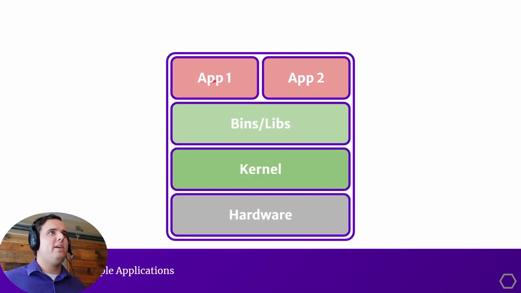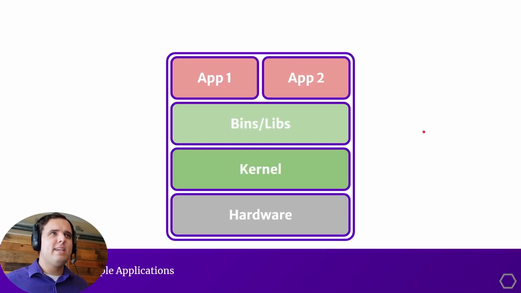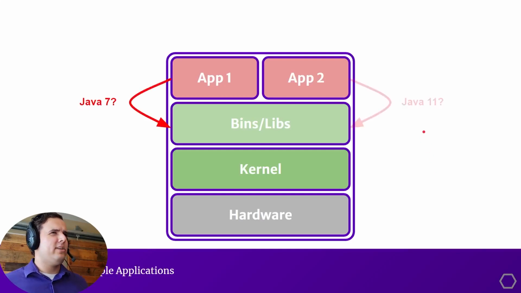Duh! So here we have application 1 and application 2, both sitting on the same binaries and libs, sitting on top of that kernel, and sitting on top of that hardware. And everything is great. We're not wasting extra money. But now we have a different problem. And that problem is, say application 1 uses Java 7, and application 2 uses Java 11.